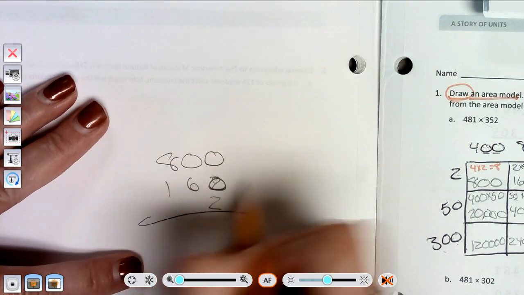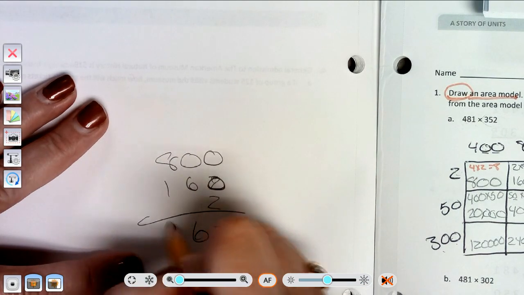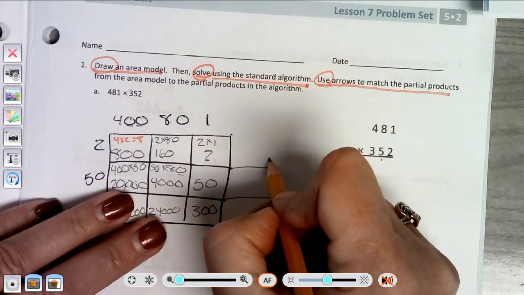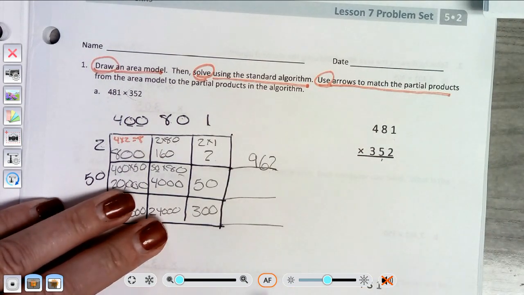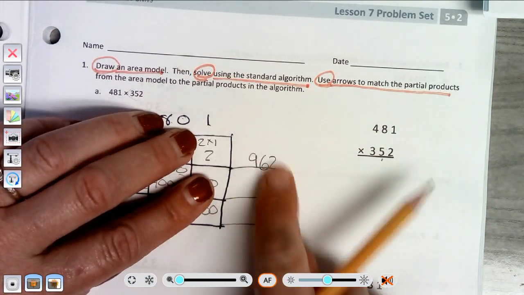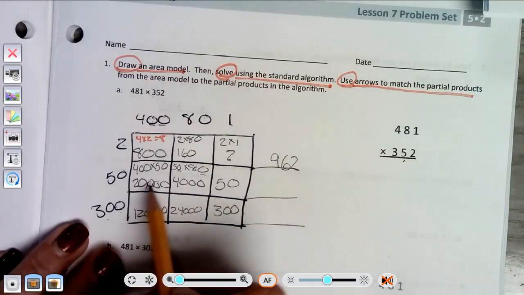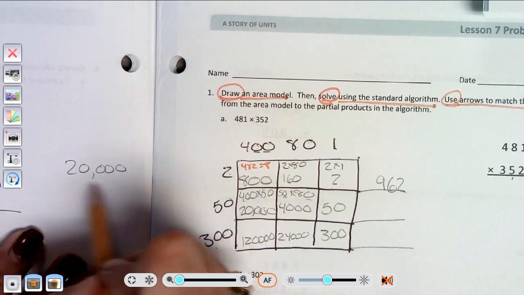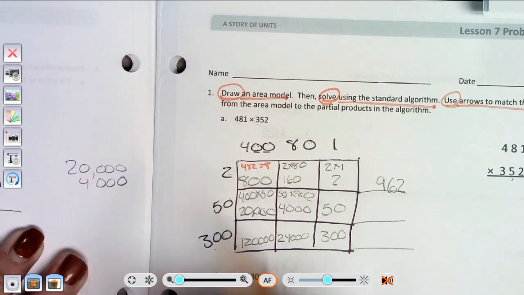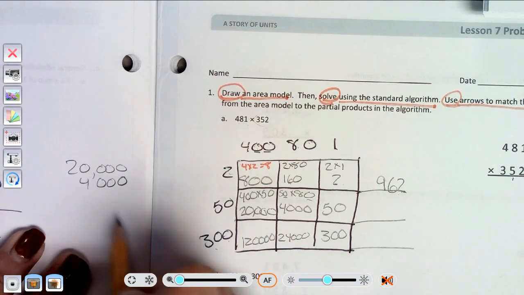So I know this one is 962. Look how I put the 2 all the way at the end so that when I add them, my place values will line up. Here, for this one, I have 20,000 plus 4,000 plus 50.